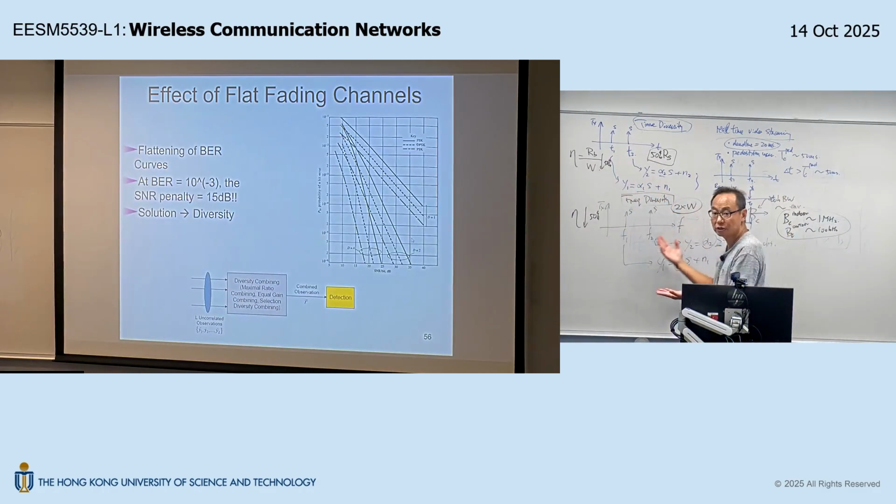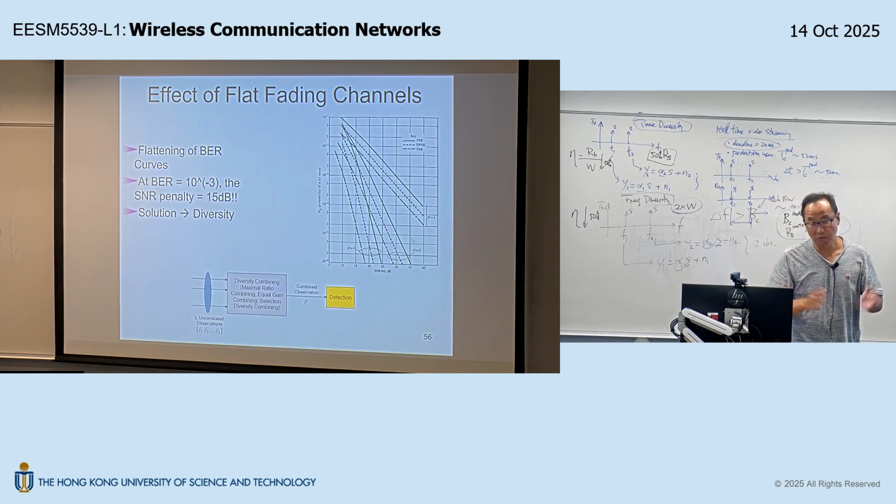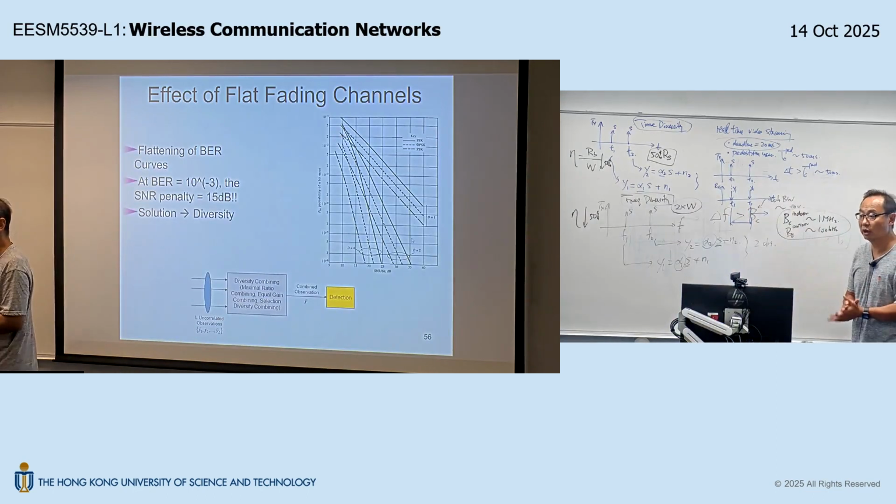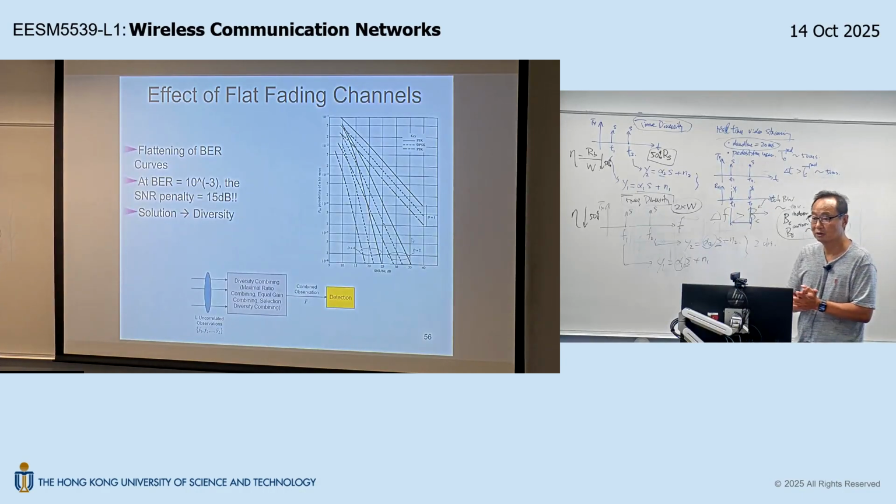For frequency diversity, the frequency separation needs to be sufficiently large, and you need to be mindful whether this requirement will violate any bandwidth constraint you have. Okay? Yeah, things like this. Is that okay?